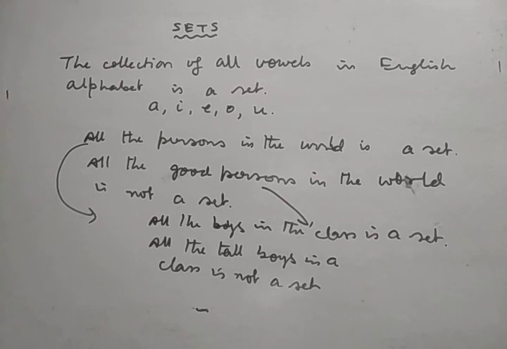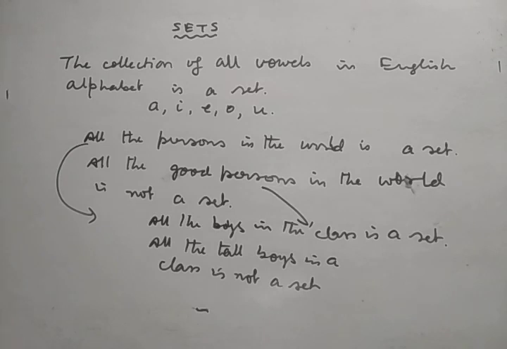Who are the tall boys? But if it is mentioned that the boys whose height is greater than 5 feet in a class, then they form a set. The tall boys is not well defined.